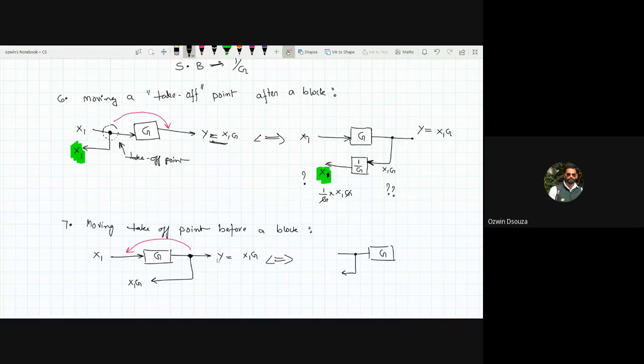So the takeoff point is being shifted here, and this is my Y, and this is my X. So the output of block G is still X1 into G. So that is fine. But what about the signal value? In as it is state, the signal value in the downward branch is basically X1, right? Is basically X1.